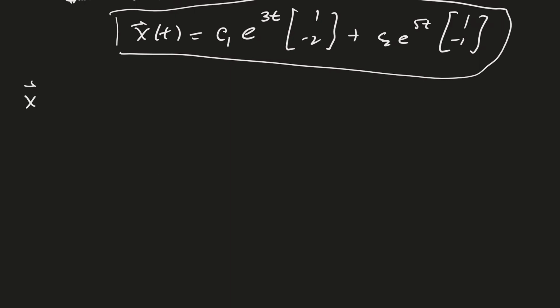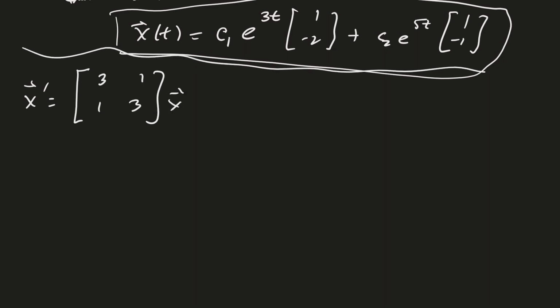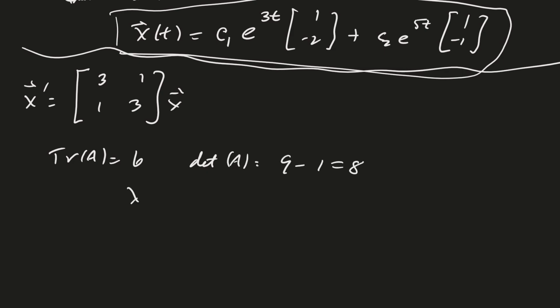X prime equals 3, 1, 1, 3, x. Let's just go ahead and solve this from the start here. Let's see if we can do it in 3 minutes. And so I get my trace is 6, determinant is 9 minus 1 is 8, and so that means lambda squared minus 6 lambda plus 8 is equal to 0.